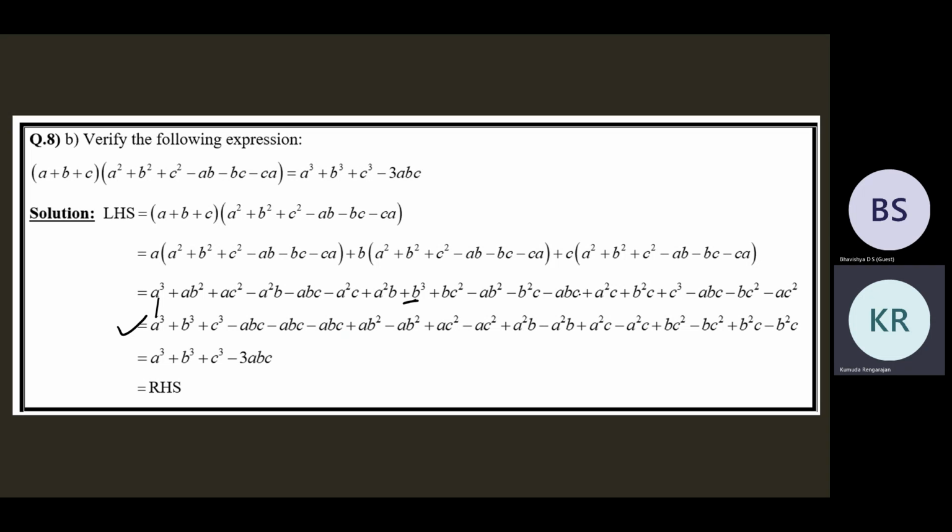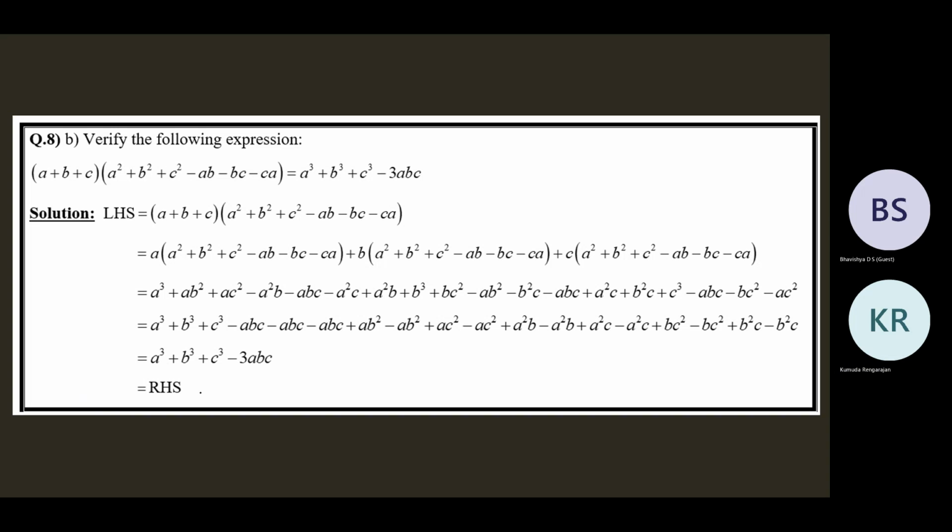Then B cubed, then C cubed. And then minus ABC, minus ABC, minus ABC I've written here. And the rest of the terms, I've just written plus AB squared minus AB squared next to one another, plus AC squared minus AC squared. So I've just rearranged the terms.